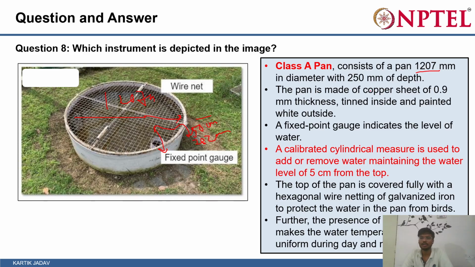The pan is made of a copper sheet of 0.9 mm thickness and painted white outside. It measures the amount that gets evaporated, and by adding water the next day we calculate what depth of water gets evaporated.